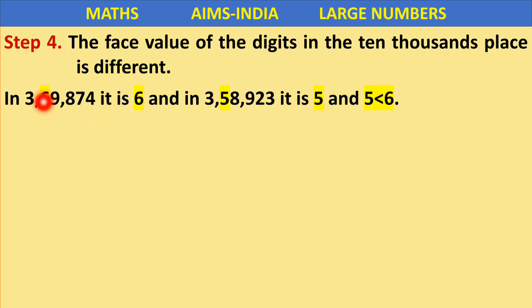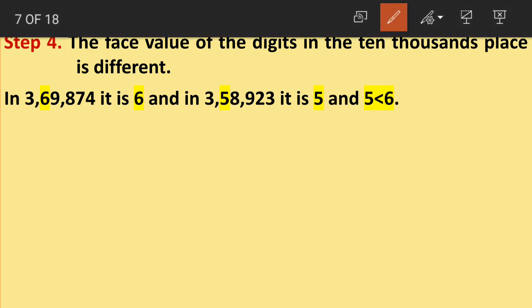In this number we are having 6 in 10,000s place, and in the second number we are having 5 in 10,000s place. Now both the digits are different, right? Yes, they are different. Now compare both the digits 5 and 6. When we compare 5 and 6, we know that 5 is less than 6. Yes or no? 5 is less than 6.